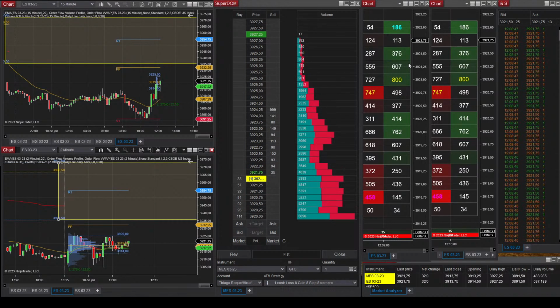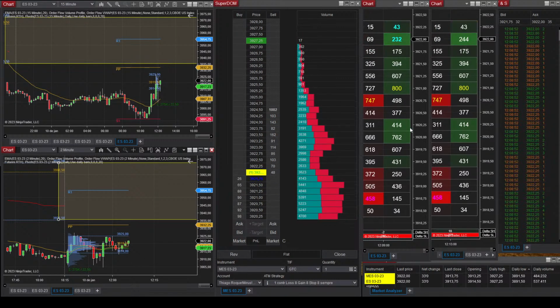So we are seeing here buyers actually putting pressure, but sellers defending. It's been tough to overcome, but now they're more intense.